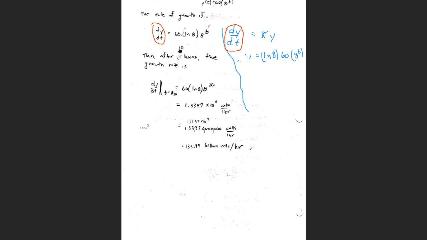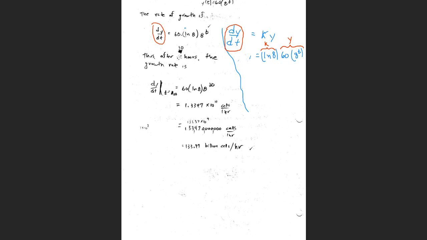Now, the relative growth rate k is equal to the log of 8. y is equal to 60 times 8 to the t power.